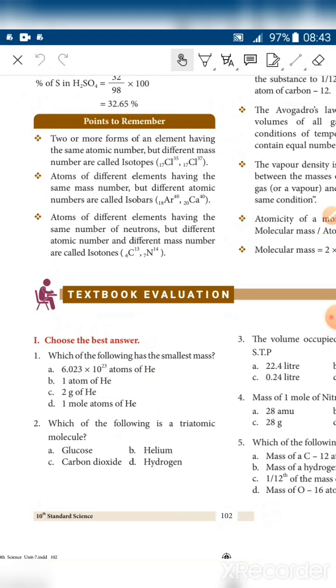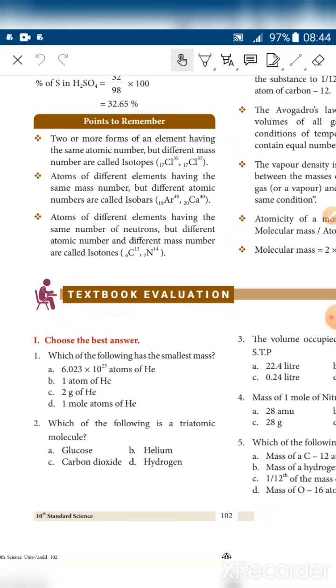What is the formula to calculate the number of neutrons? Number of neutrons N is equal to A minus Z. This you already learned in 9th standard. That is mass number 13 minus 6, that is 7. 14 minus 7, 7.